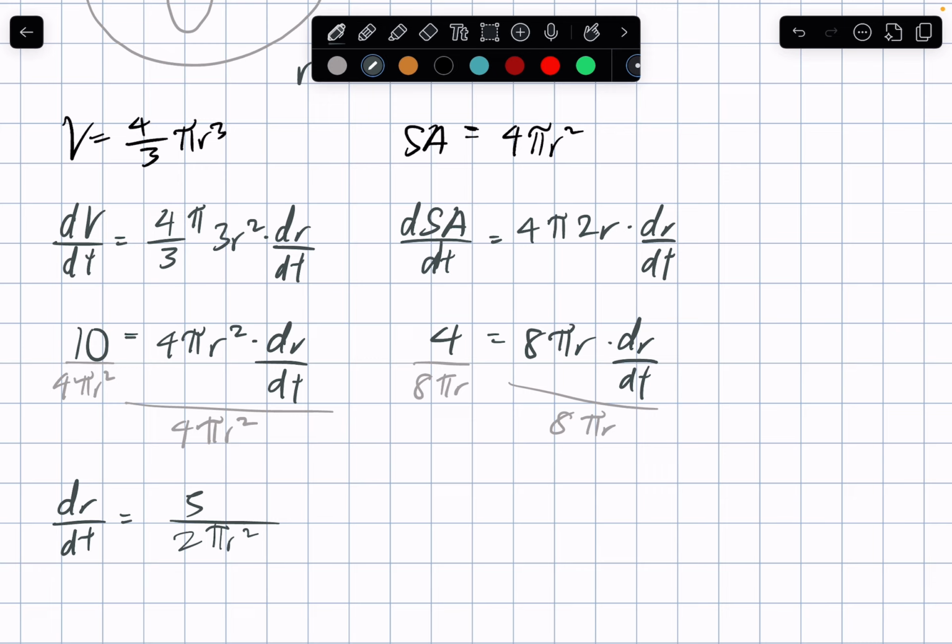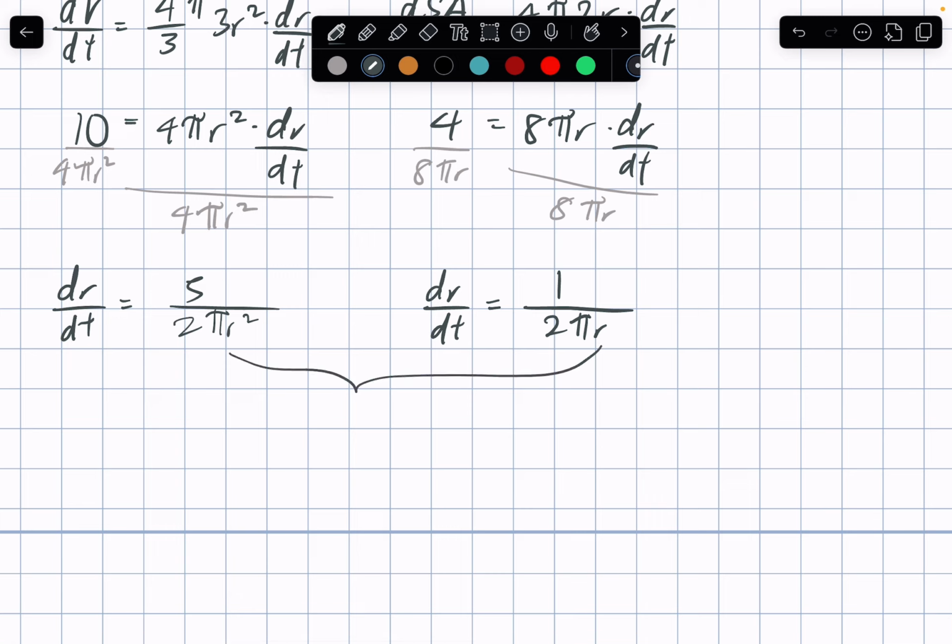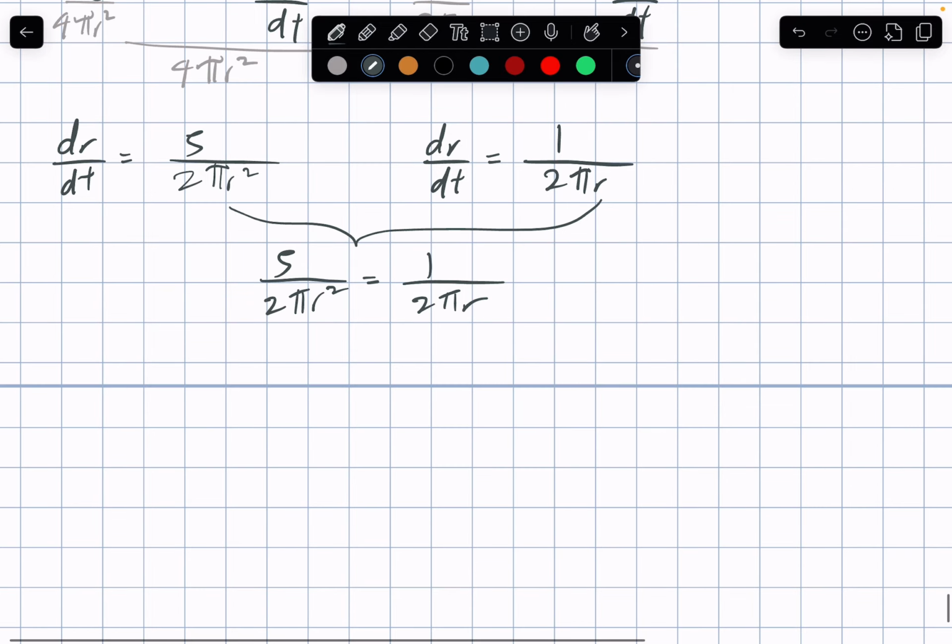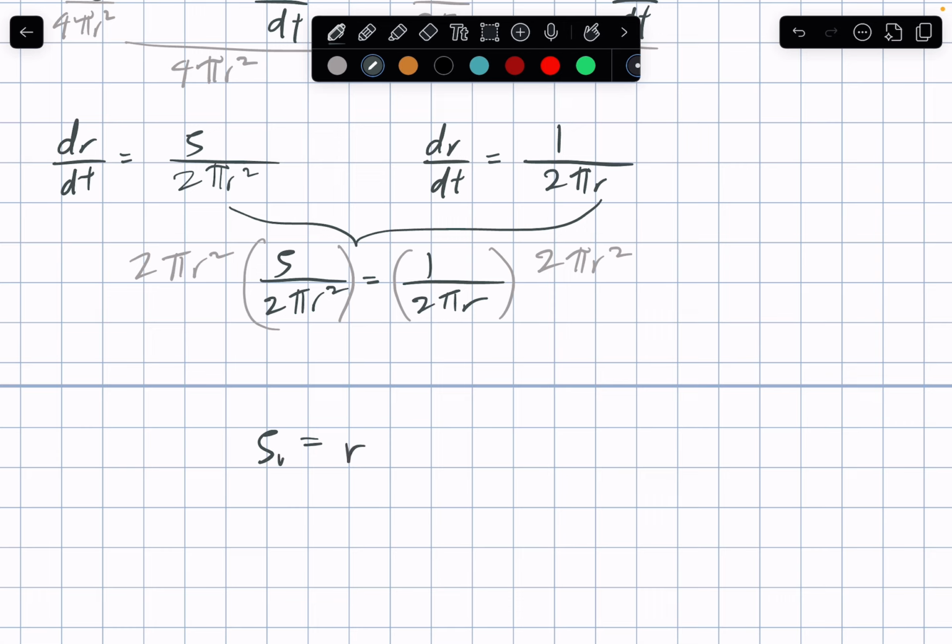Okay, sure. dr over dt is equal to 1 over 2 pi r. So then we equate. Since both of them are equal to dr over dt, 5 over 2 pi r squared is equal to 1 over 2 pi r. Now, we multiply both sides by 2 pi r squared. So we have 5 equal to r. That's it. We found the radius.